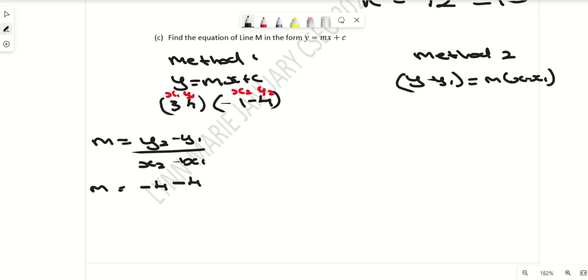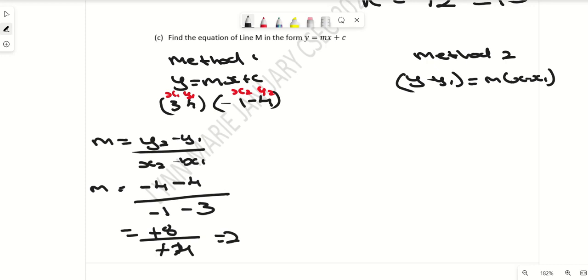So y2 minus y1 all over x2, which is negative 1 minus 3, right? So 4 and 4 is negative 8, and minus 1 minus 3 is negative 4. Right? So the negatives will cancel out each other, and 8 divided by 4 is 2. So my gradient is 2.